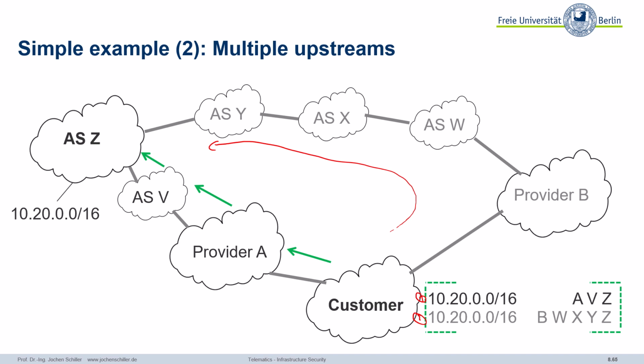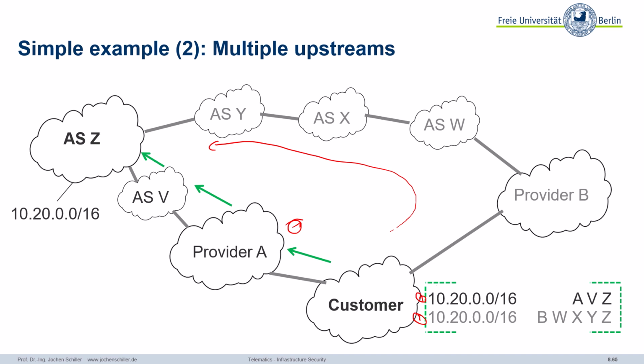So now, what can we do? More specific wins, and shorter paths are typically better. We see here path 1 is the shorter one. This is why we typically take path 1, but if something fails, we can take the other one.